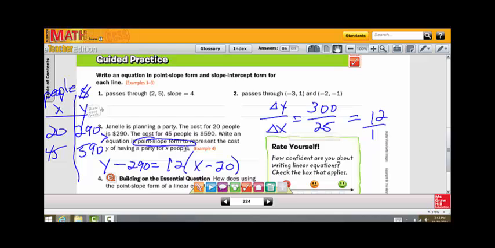So our point-slope form is y minus 290 equals 12, our slope, times the quantity x minus 20. The 20 is our x value and the 290 is our y value. And of course, 12 was the slope which we calculated right here.